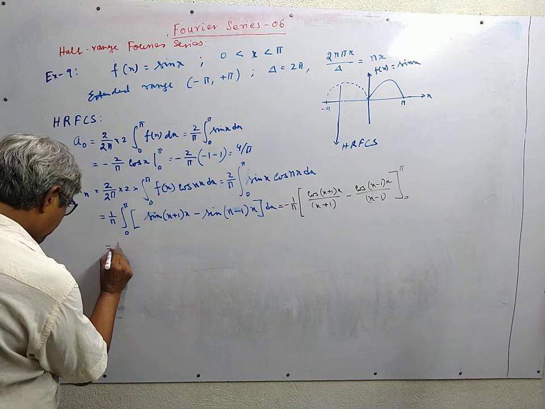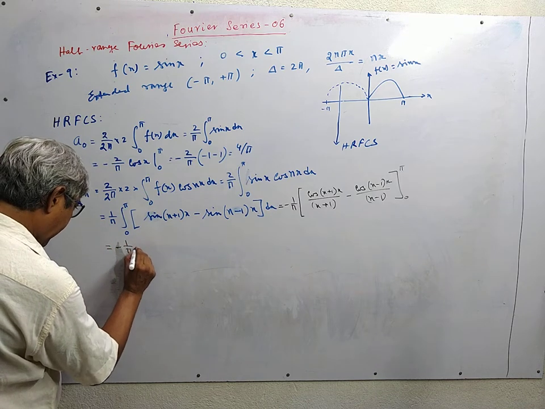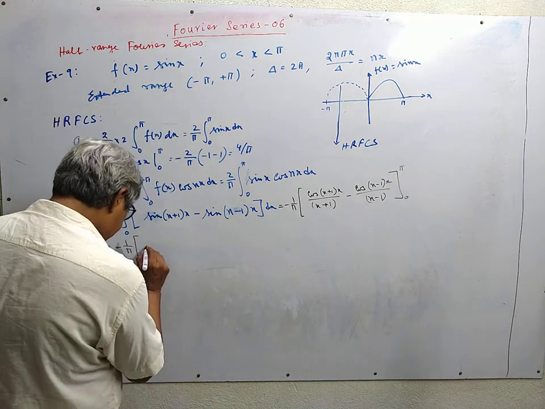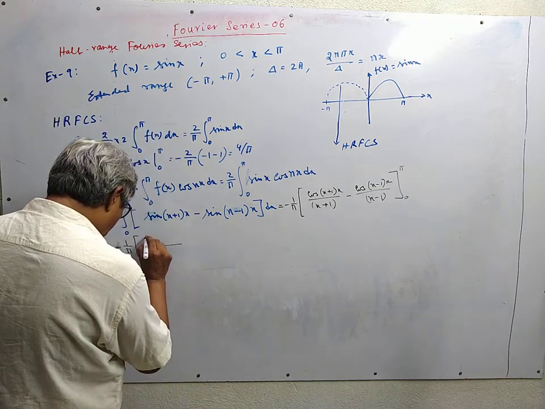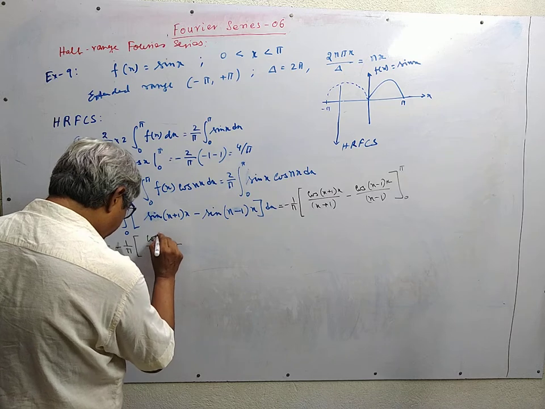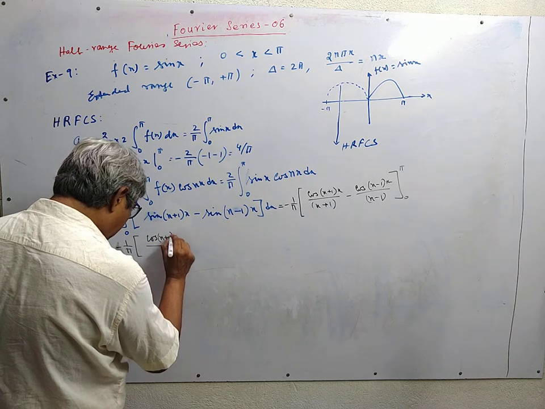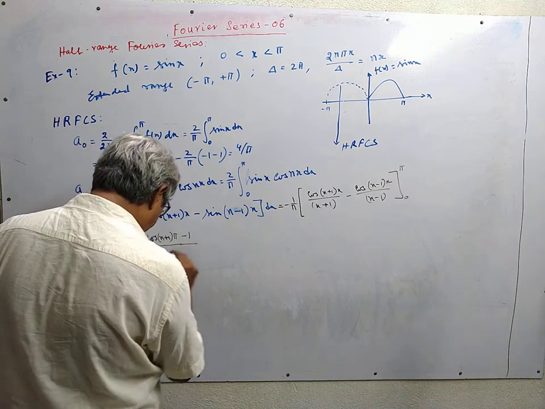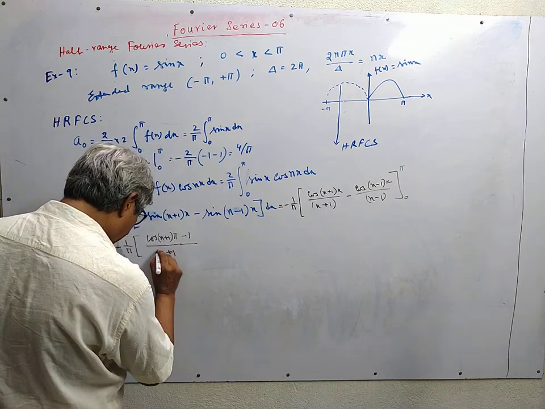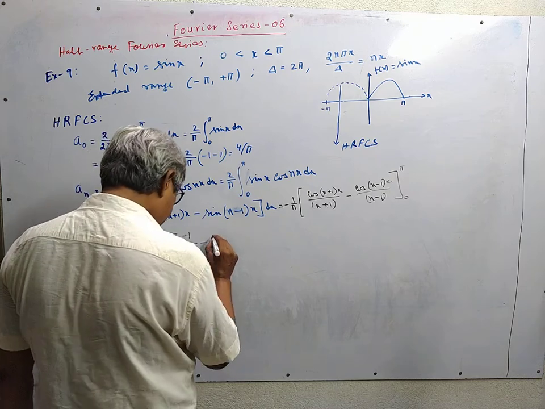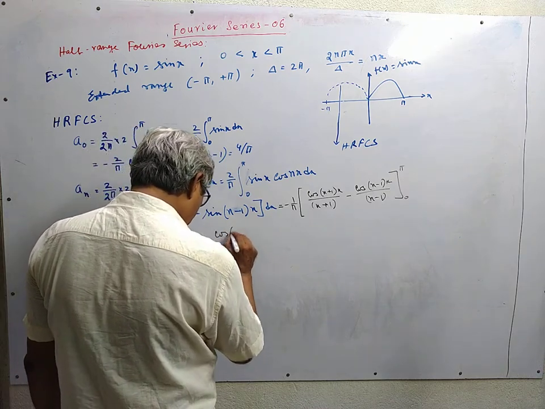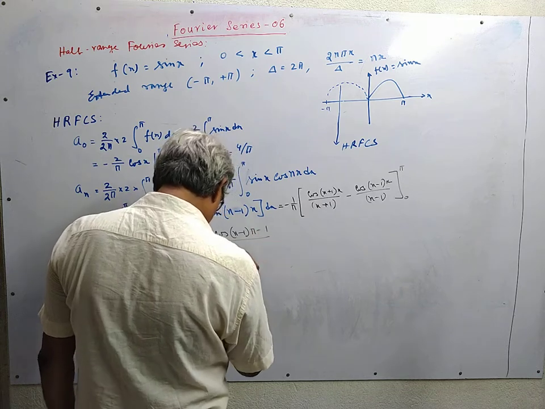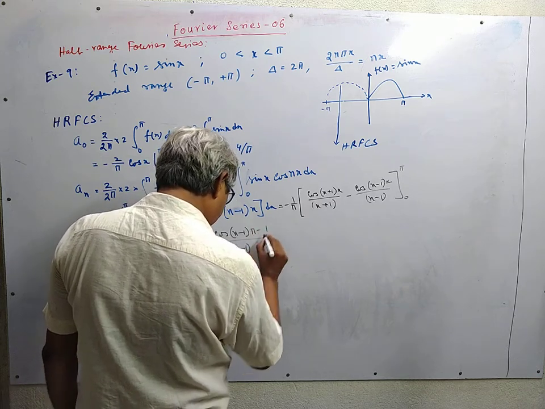So this comes out to be minus 1 upon pi, this part, cos of n plus 1 pi minus cos of 0 is 1, divided by n plus 1, minus cos of n minus 1 pi minus 1 divided by n minus 1.